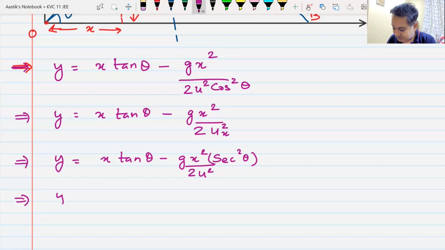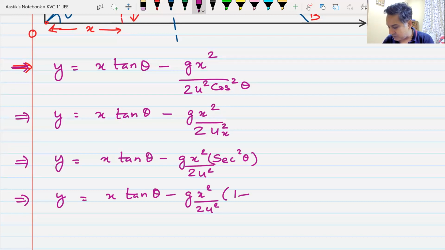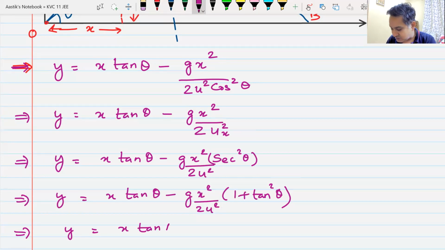What is the other way of writing the same equation? Y is equal to x tan theta minus g x square by 2u square, where sec square theta is 1 plus tan square theta. You can write it this way. What is the last way of writing this? I can take x tan theta constant and write it as 1 minus x by r, where r stands for the horizontal range.